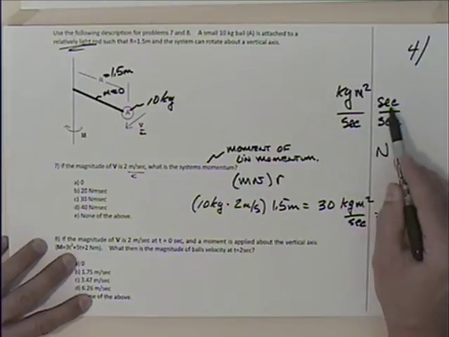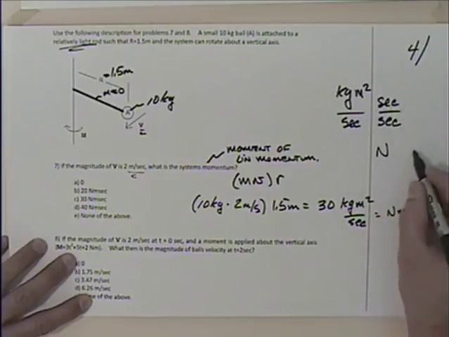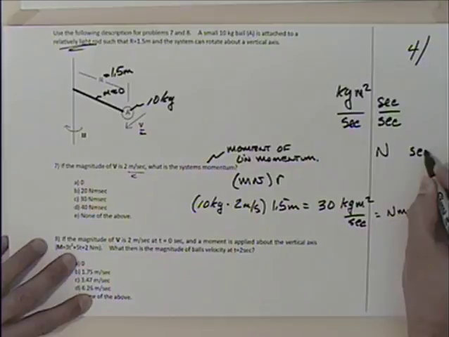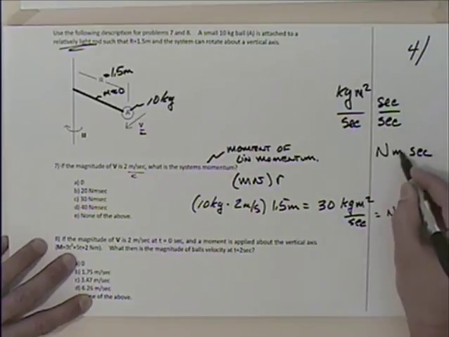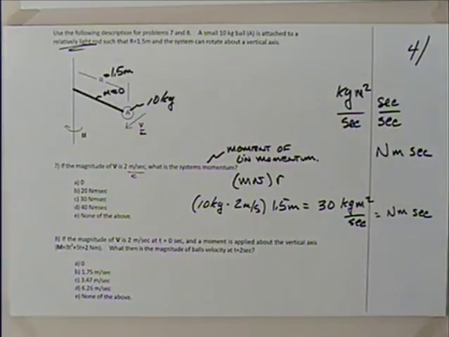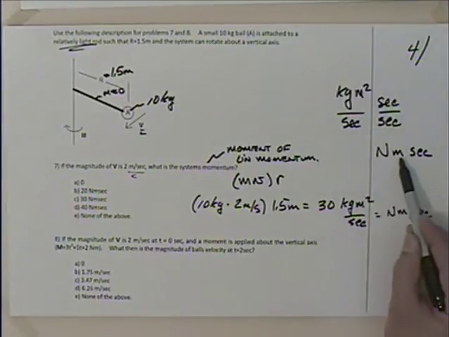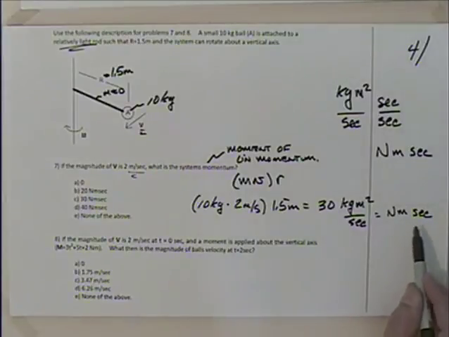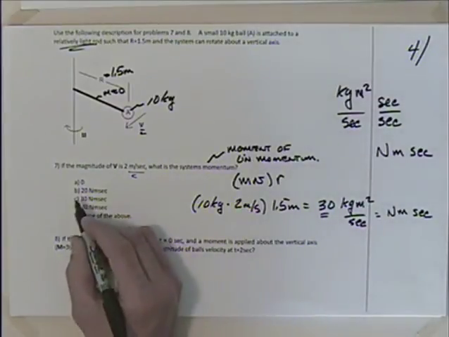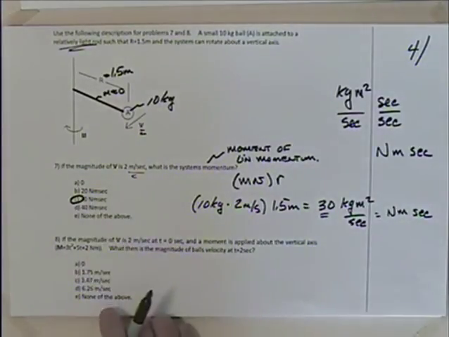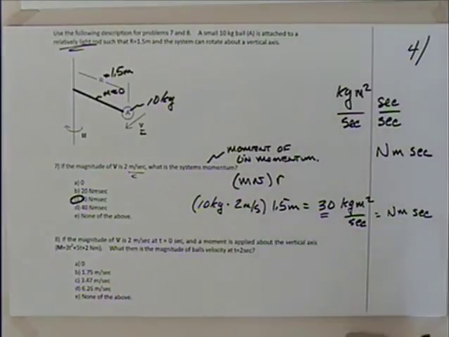And then I have this second remaining up in the numerator. And I still have a meter up there because I only used one of those meters. So kilogram meter per second squared, that's a newton. And then I'm left with meters times second. So I've got a newton times a meter times a second. So do I have this? Looks like answer C, doesn't it? Okay. Yeah, looks like answer C.